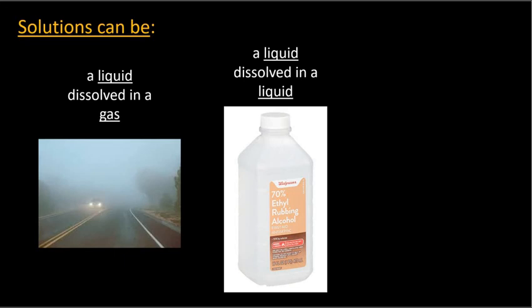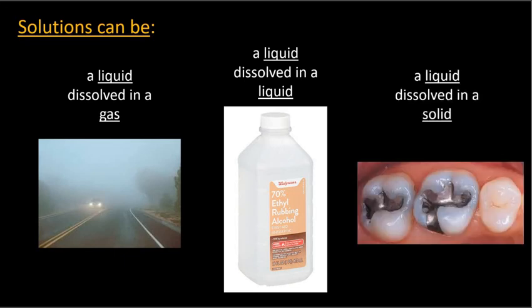Okay, third, one that happens very seldom is a liquid dissolved in a solid. And what you're looking at here is what fillings are made out of, or at least were made out of, and that is mercury dissolved into a metal, called an amalgam.